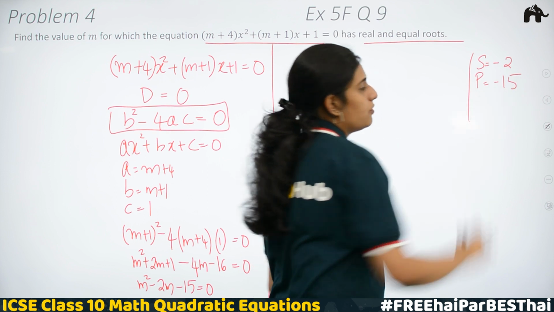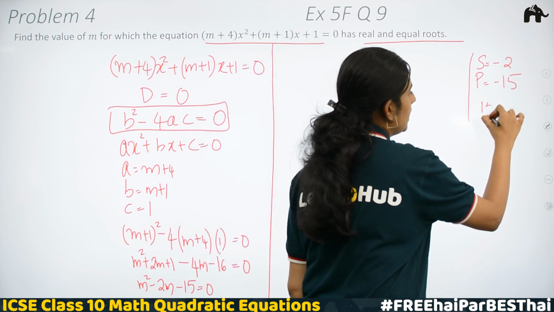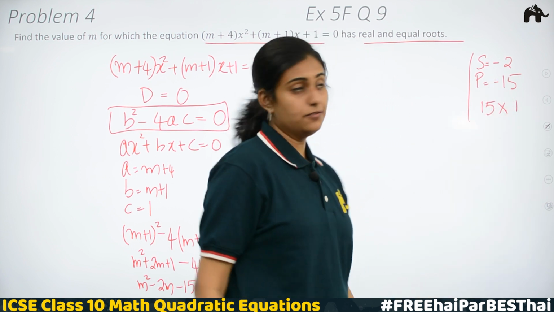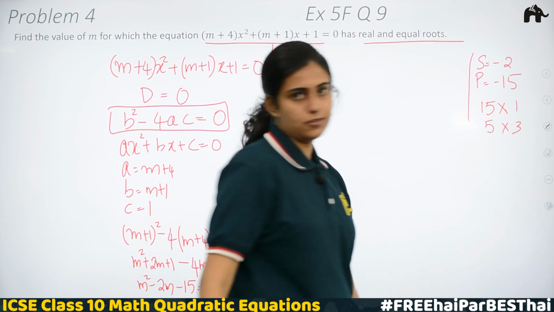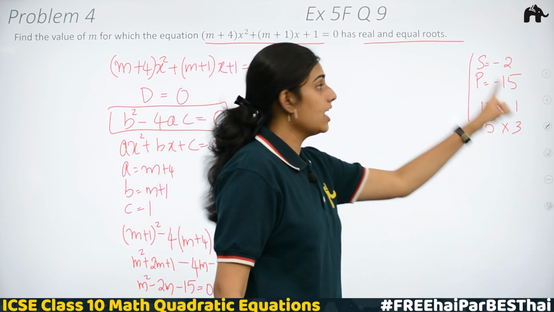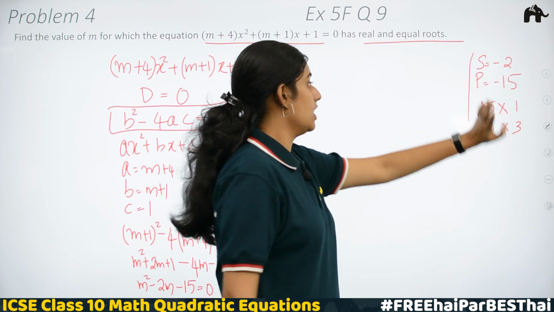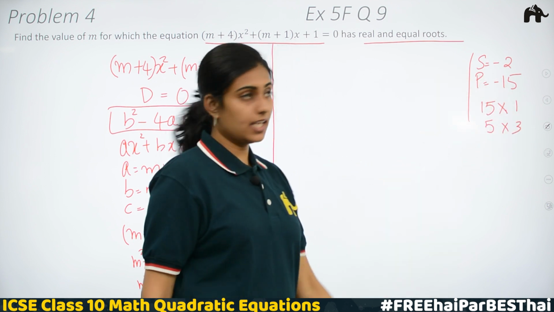To get the number 15, we need to multiply either 15 and 1, or 5 and 3. We need a negative sign and the sum is negative, which means the greater of these two numbers should be negative.